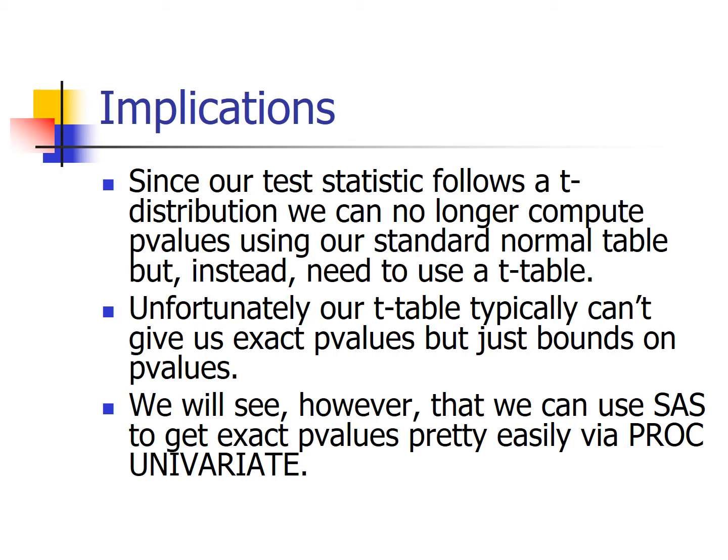Now, our table unfortunately can't give us exact p-values the way it's constructed. It can only give us bounds on p-values. Although typically all we care about is whether the p-value is more or less than 0.05, so knowing bounds is good enough to make a decision. Nonetheless, SAS can generate exact p-values quite easily through proc univariate. So when we wrap up this PowerPoint, we'll take a look at an example of that.